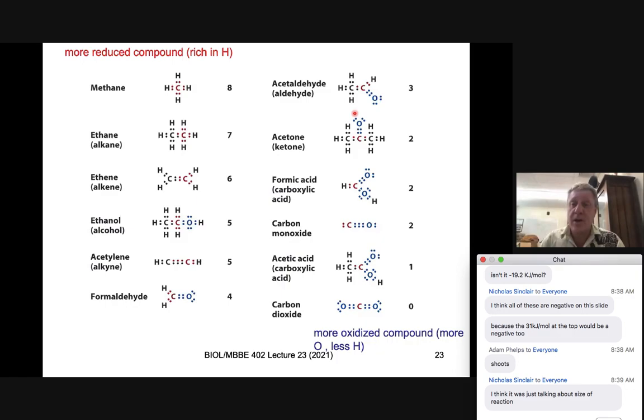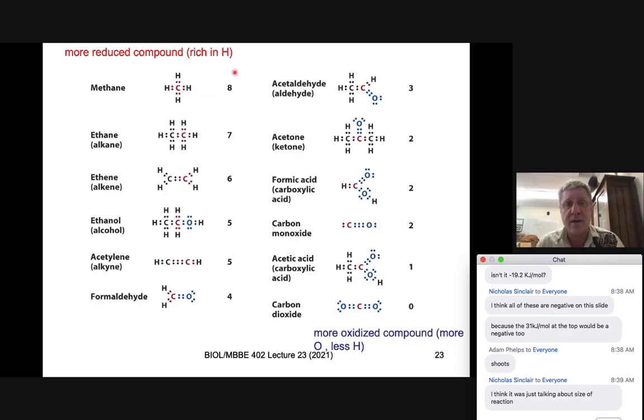Now we have different types of reductional capacities in our molecules. So a more oxidized compound has more oxygen and less hydrogen. So we get these particular types of electron orbital diagrams, such as methane, in regards to having this capacity to have carbon with 4 bonds and sharing that with 4 hydrogens and those particular electrons.